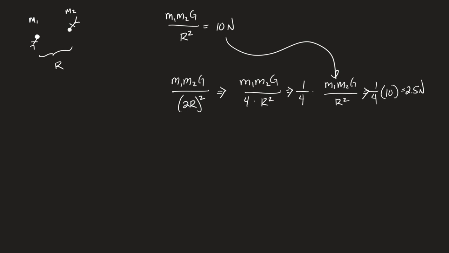So like the top one, with M1, M2, G over R squared equals 10. You multiplied both sides by 4? Yeah, because there was a 4 in the denominator when I pulled it out from R squared. And then that would give you 40 newtons. But this does not equal 10.